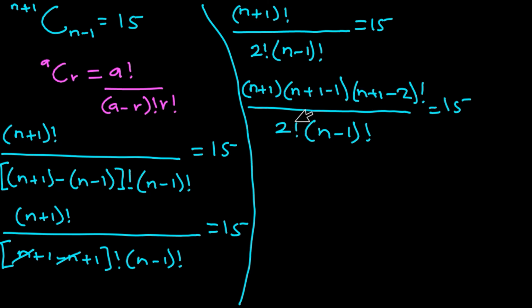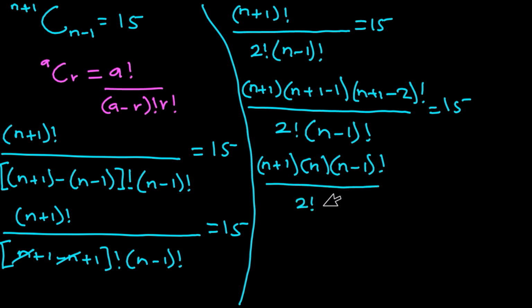So let's simplify this. We have n plus 1 here, n plus 1, then n plus 1 minus 1 is the same as n, then n plus 1 minus 2 is the same as (n minus 1) factorial over 2 factorial (n minus 1) factorial, and this is equal to 15.